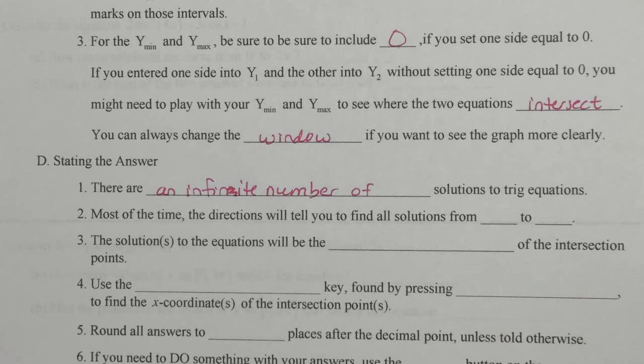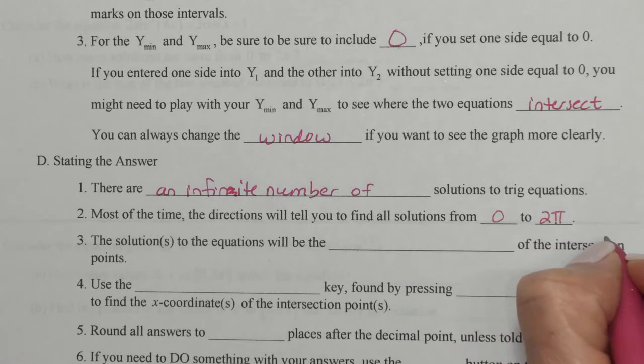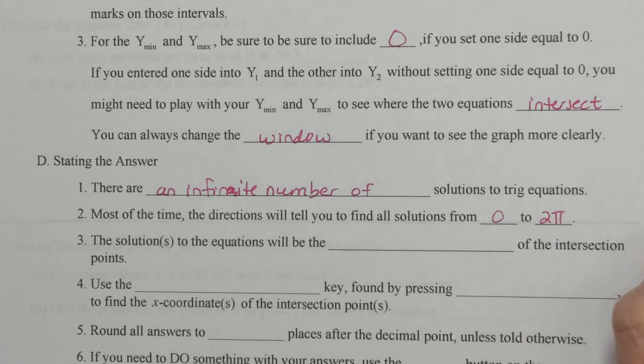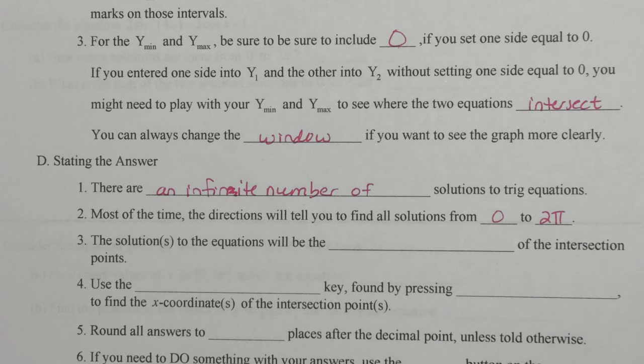Because of the periodic nature of trig functions, you're going to get an infinite number of them. So most of the time, the directions will tell you to find all solutions from 0 to 2 pi. However, it is important that you know that this is only the ones from 0 to 2 pi. There are actually many, many, many more.